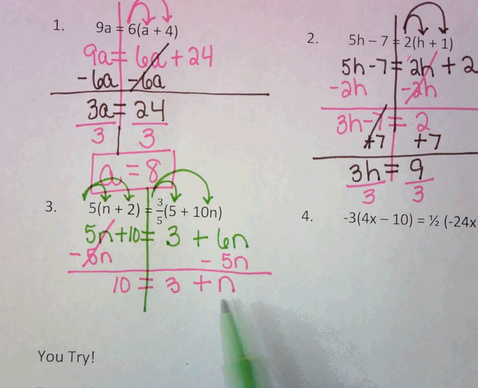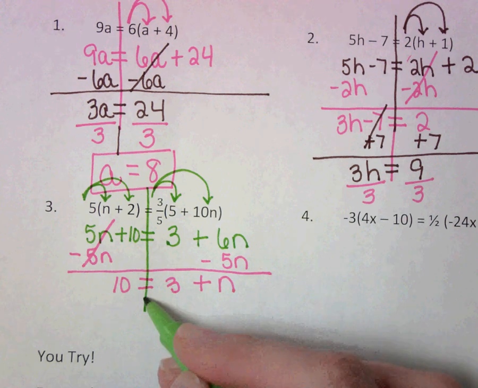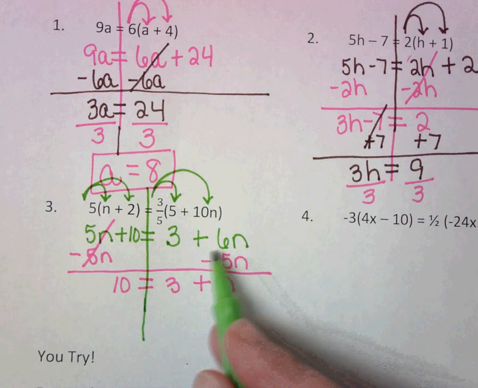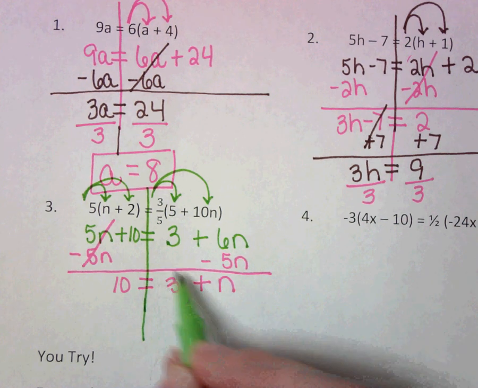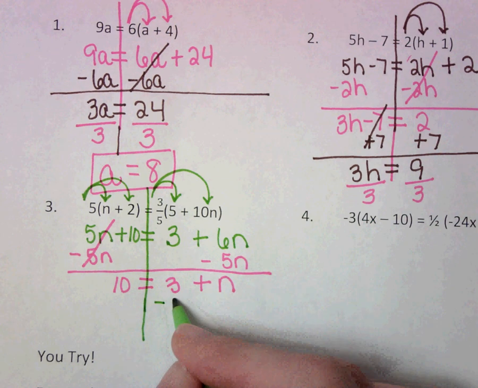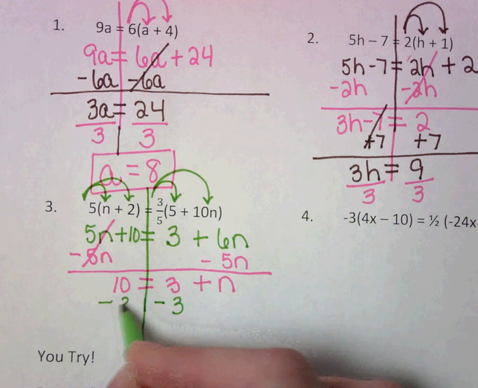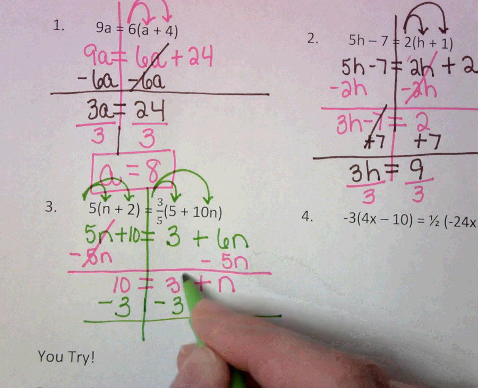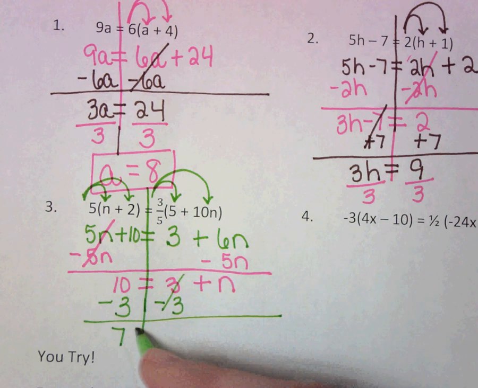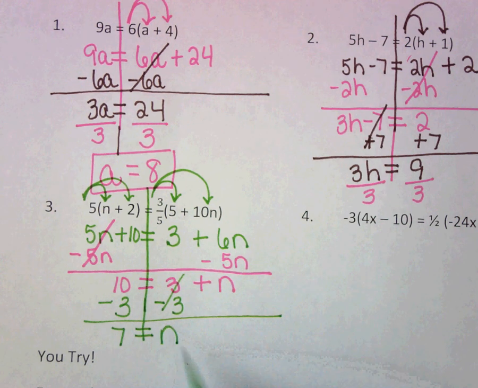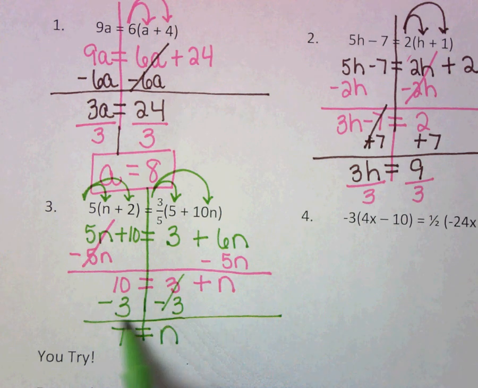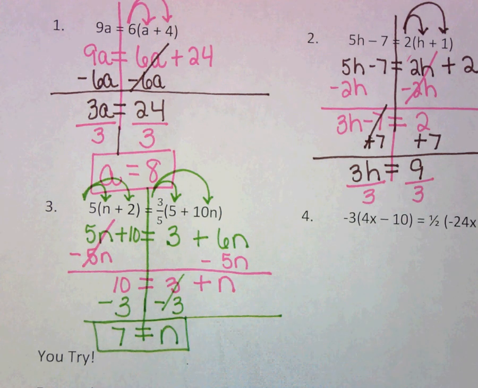Remember, we're looking at the side where our variable is because we're trying to figure out what n is. This is a positive 3, so I'm going to subtract 3. When I do that, that gives me 7 equals n. Ooh, look, I'm done. I don't have a coefficient there. Nothing else is with the n. So my solution is n equals 7.